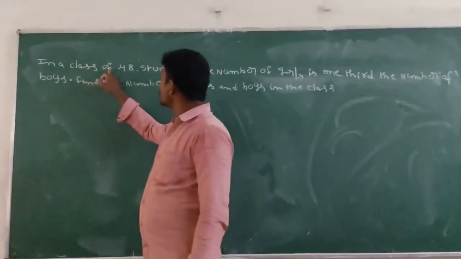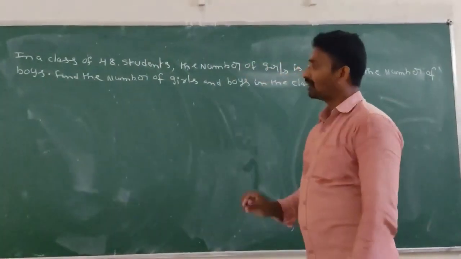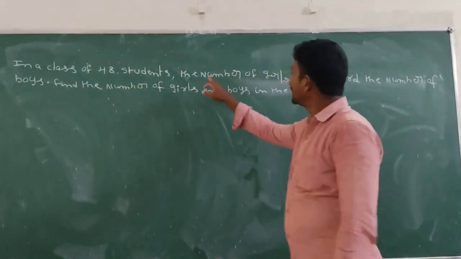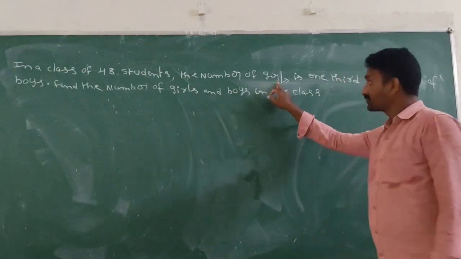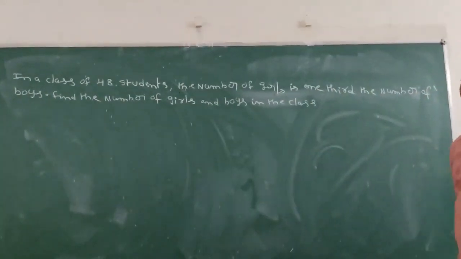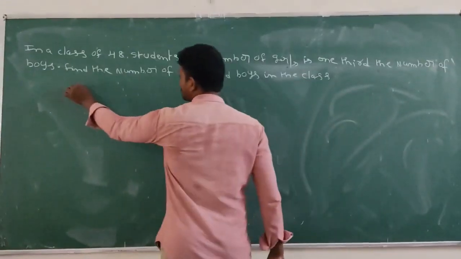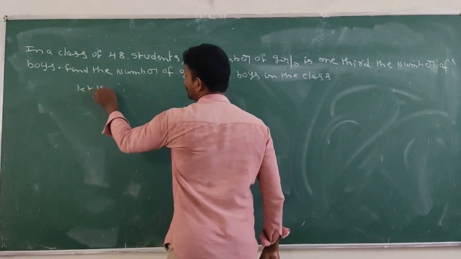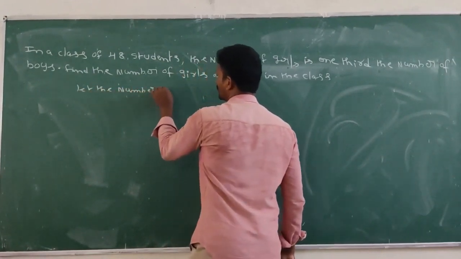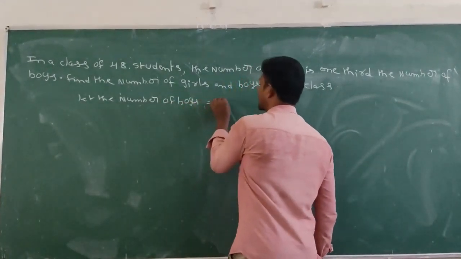In a class of 48 students, the number of girls is 1/3 of the boys. Let the number of boys be x.